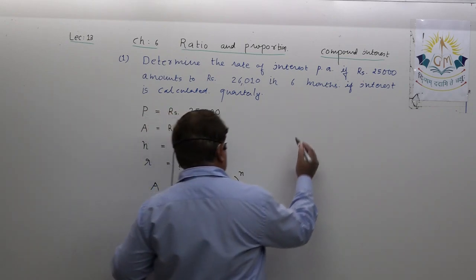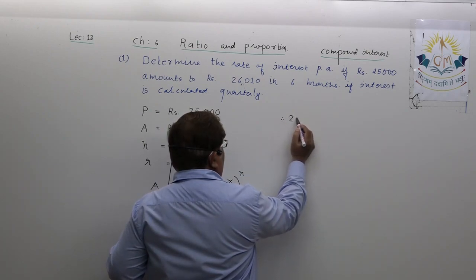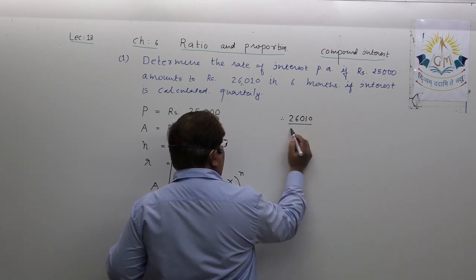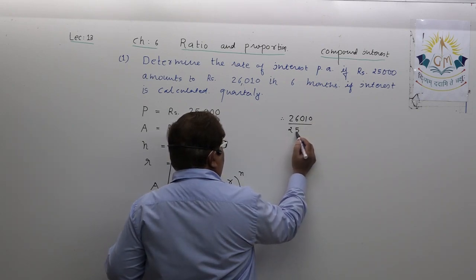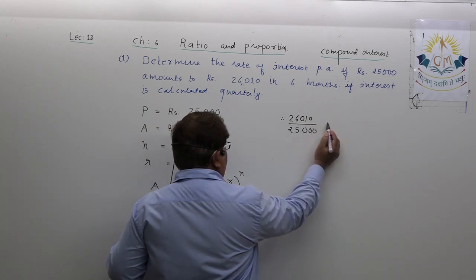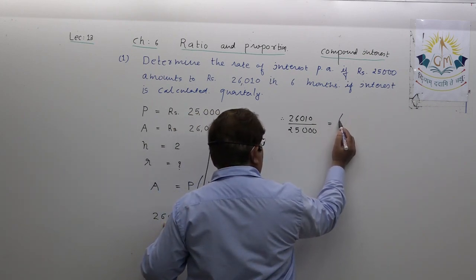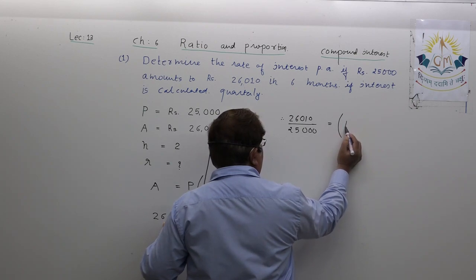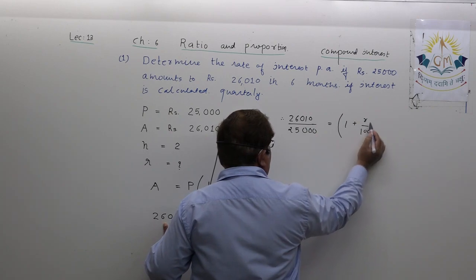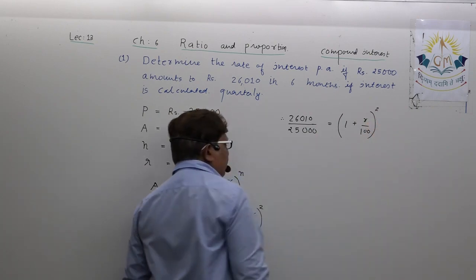So 26010 upon 25,000, you can also do the steps with me. What is left on the right side? 1 plus R upon 100 raised to the power of 2.